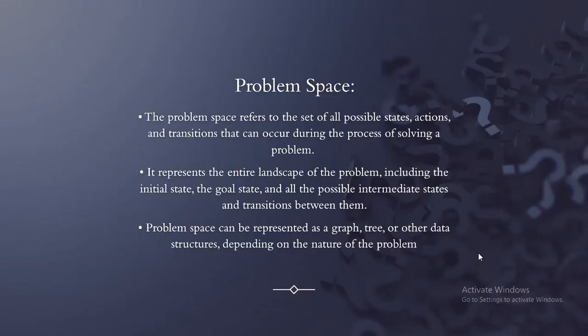Problem space is different from problems, as it refers to the set of all possible states, actions and transitions that can occur during the process of solving a problem. It can be represented as a graph, tree or other data structures depending on the nature of the problem.